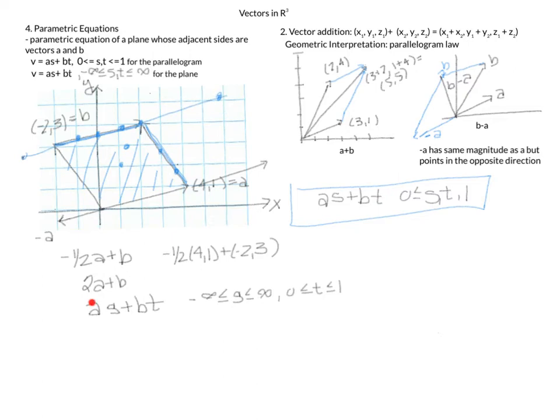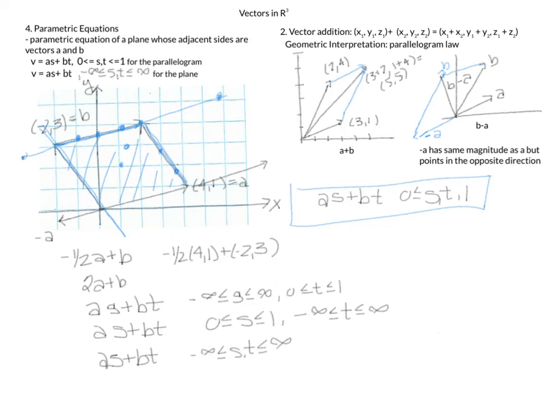So what we get, as we have AS plus BT and we let S go from -infinity to infinity and T goes between 0 and 1, we get this entire line here. And now when we do the same thing for B, in other words, we let T go from -infinity to infinity, and S just goes from 0 to 1, we are going to get this line here, the infinite line.